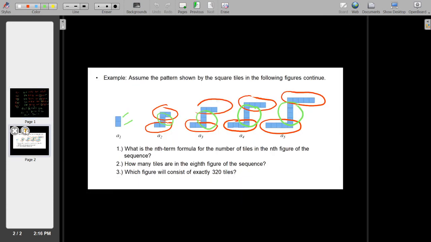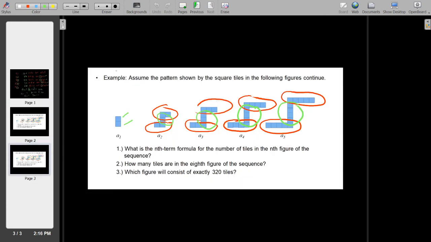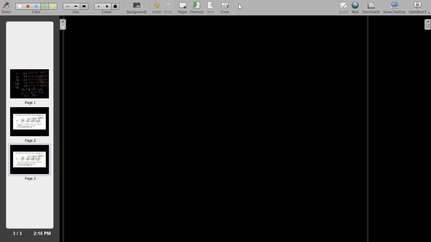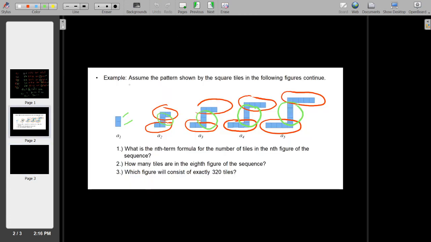Okay, let's go to our second question. How many tiles are in the 8th figure of the sequence?